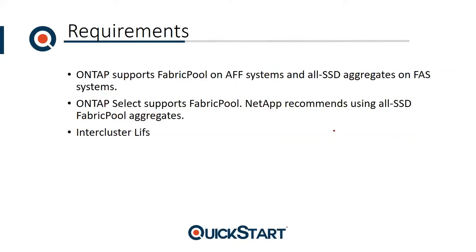Pure SSD aggregates will work with this. It does work a bit with ONTAP Select and Cloud Volumes, which we're not going to go into. And I do need to have intercluster LIFs defined for that communication with this storage system, so with AWS, with Azure, or with wherever StorageGRID is running on-prem.